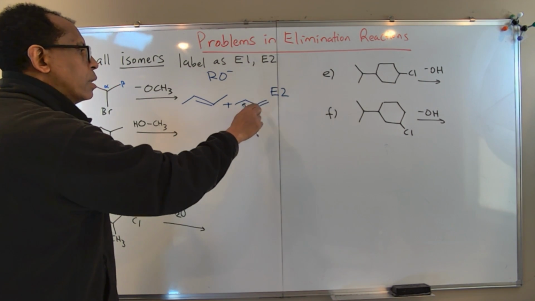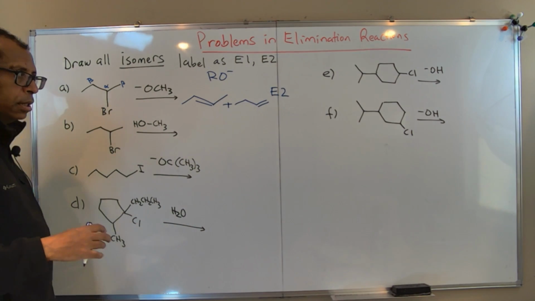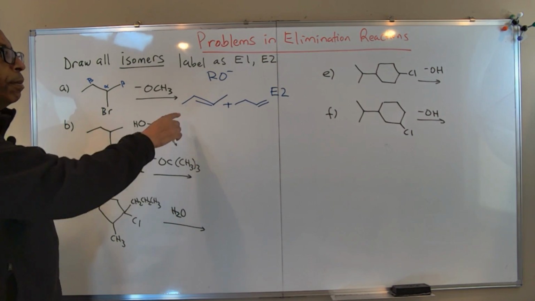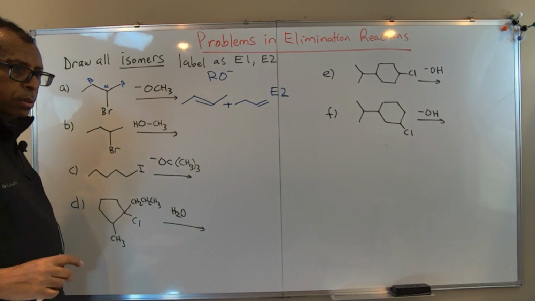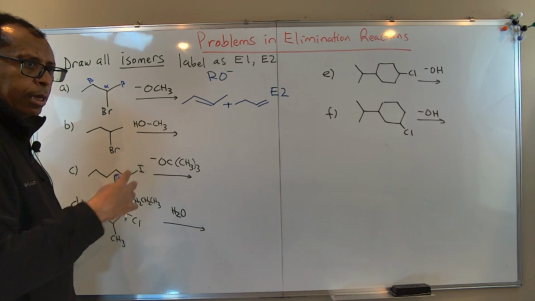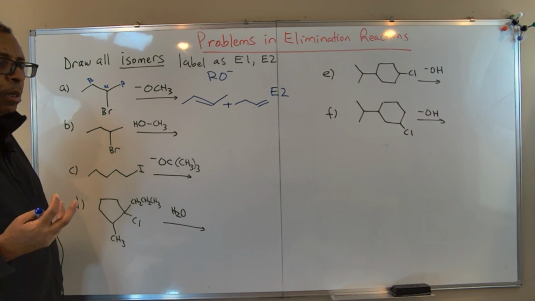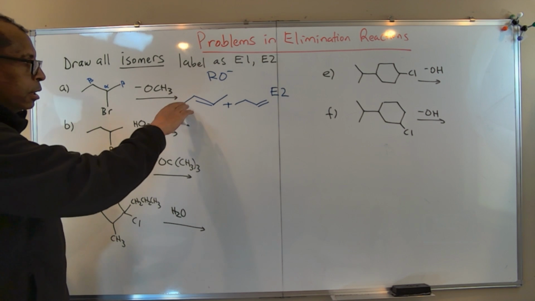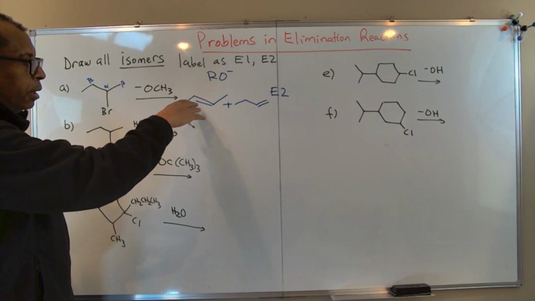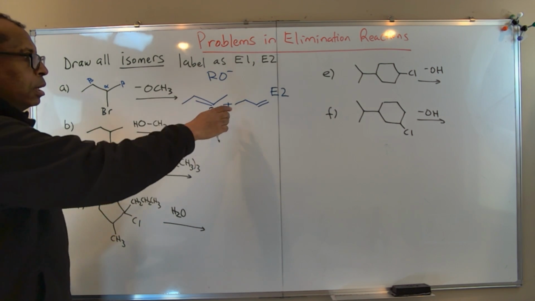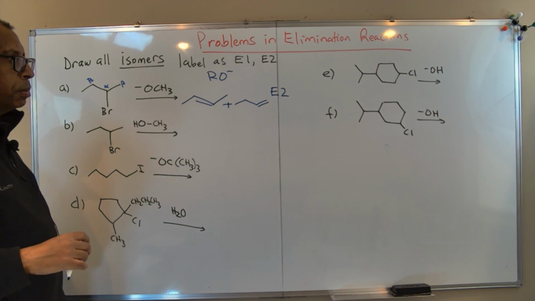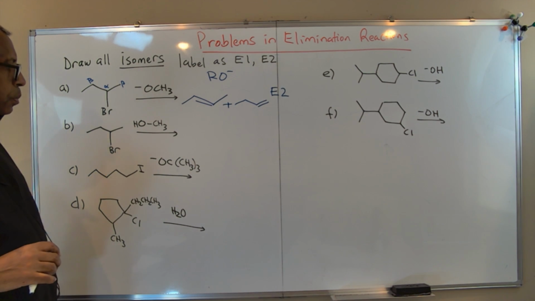So one is a terminal olefin that is less stable, a monosubstituted alkene, and the other is a disubstituted alkene. You get an isomeric mixture of both products.